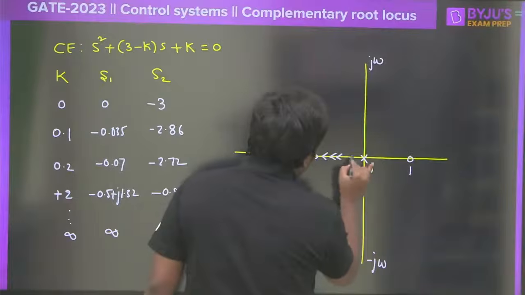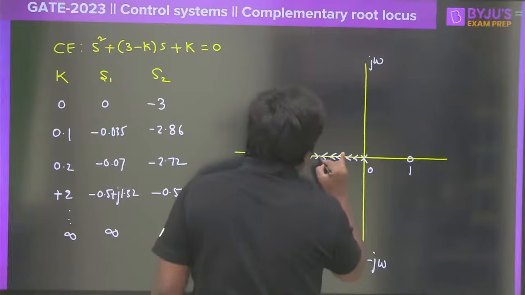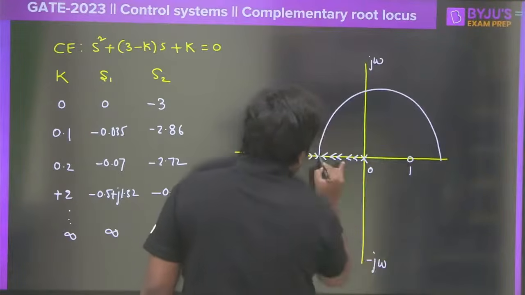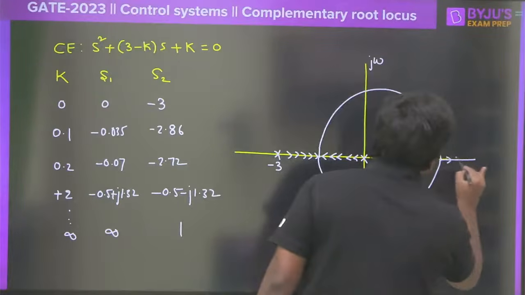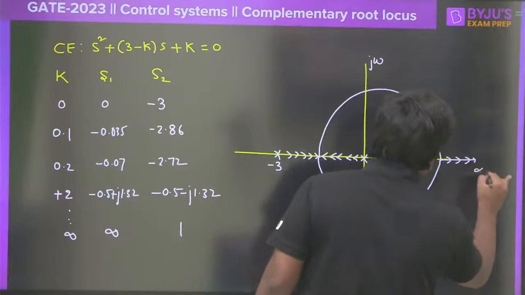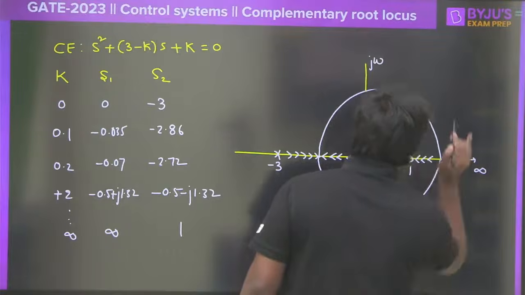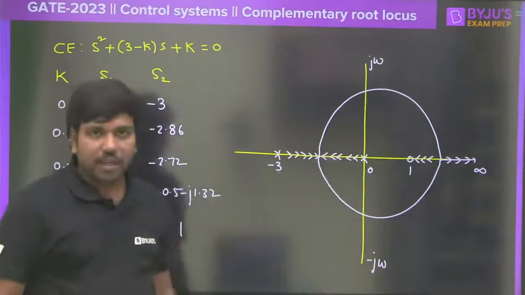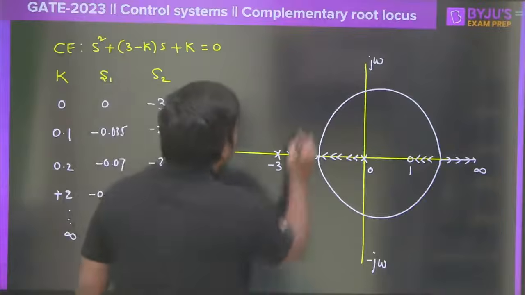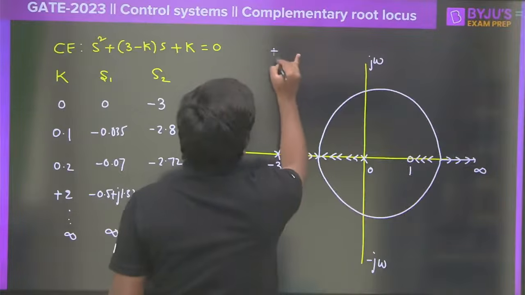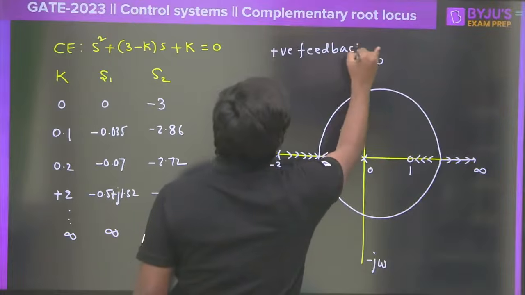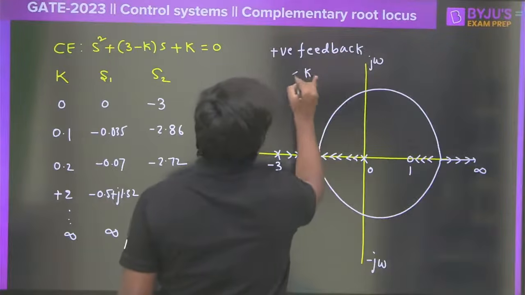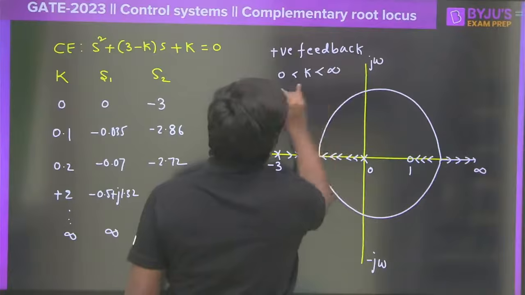This means it comes all the way like this, and then it breaks out here and forms a circle like this. Then one side goes to plus infinity, and the other side is the way it comes. Now you can see clearly, when I use negative feedback and positive feedback, especially when the k value is changing from 0 to infinity, what you are getting.